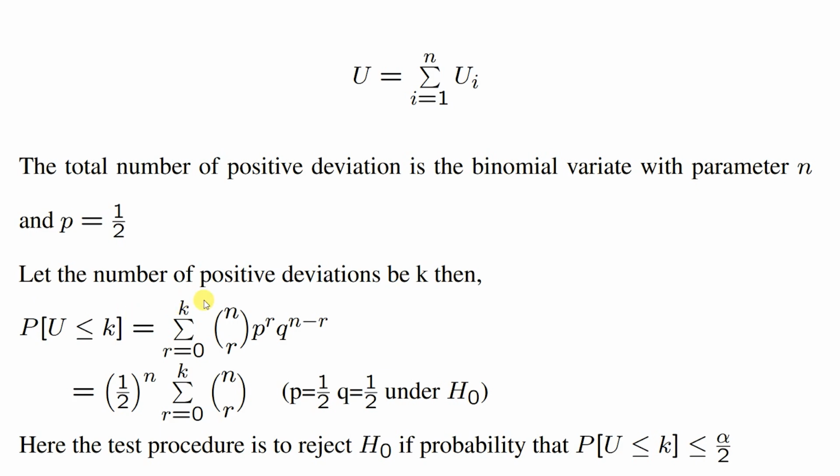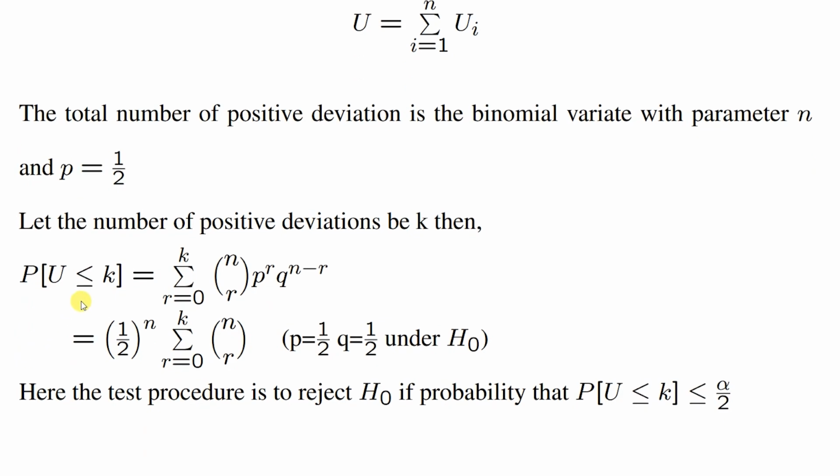Let the number of positive deviations be k. Then the probability of u less than or equal to k is equal to the sum over r = 0 to k of nCr p^r q^(n minus r). Here p is the probability, q is 1 minus probability, that is equal to half.